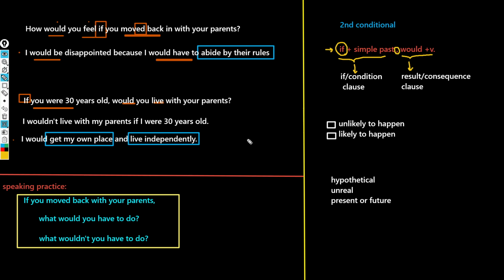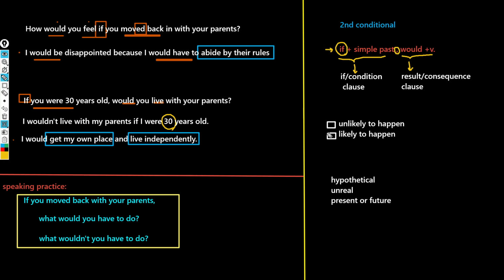Now, I'm not 30 years old, but if I were 30 years old, imagining I were 30 years old, so this is real or unreal? It's an unreal situation. It's a hypothetical situation. If I were 30 years old, but I'm not. But if I were, I wouldn't live with my parents.